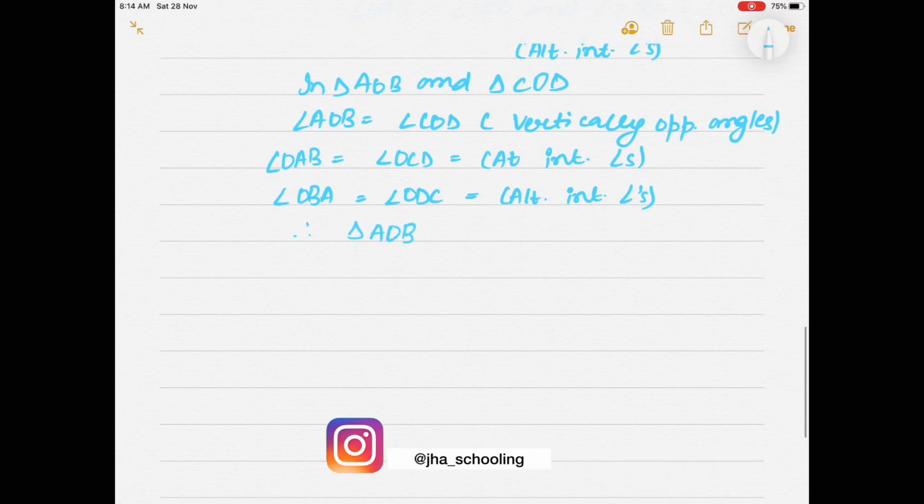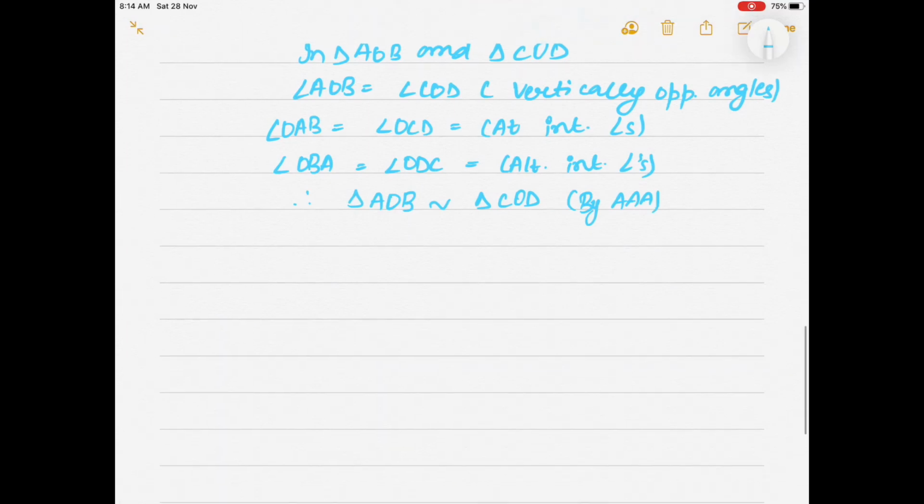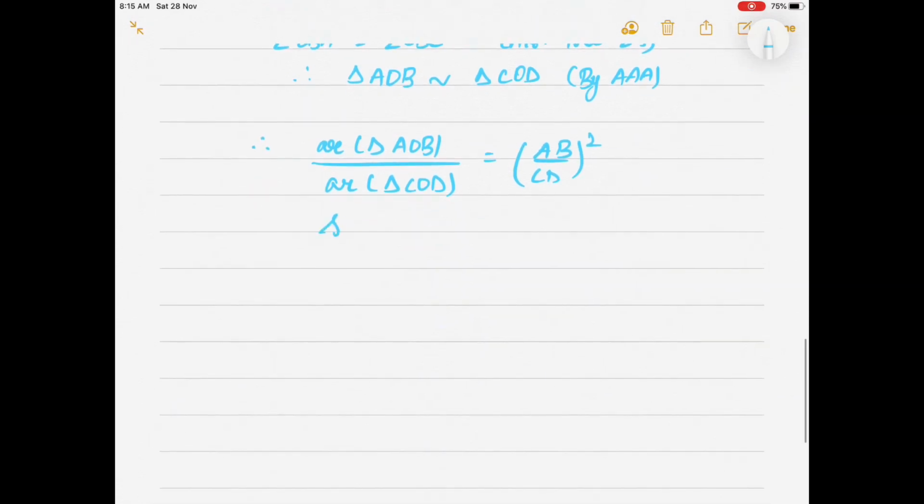So you can say that therefore triangle AOB is similar to triangle COD by the AAA similarity criteria. Now if we have to find the ratio of the areas of these two similar triangles, the ratio of the areas of triangle AOB and triangle COD will be equal to the square of the ratio of the corresponding sides of the two similar triangles.